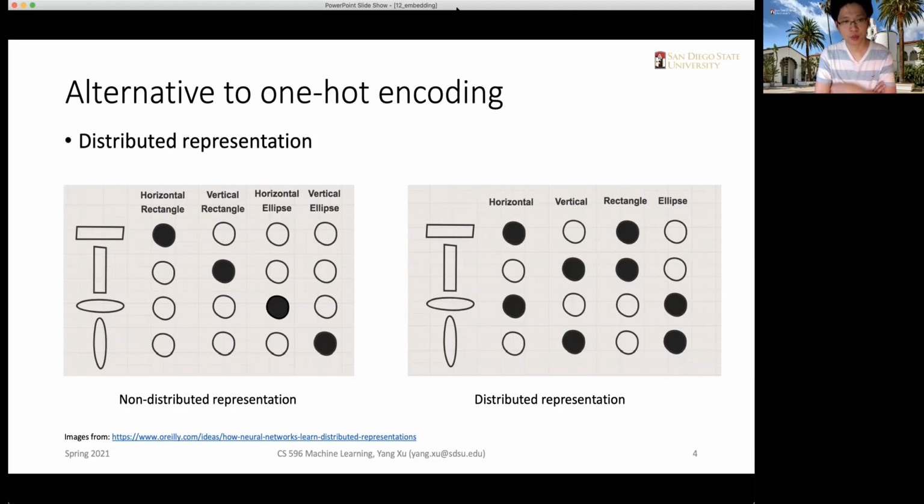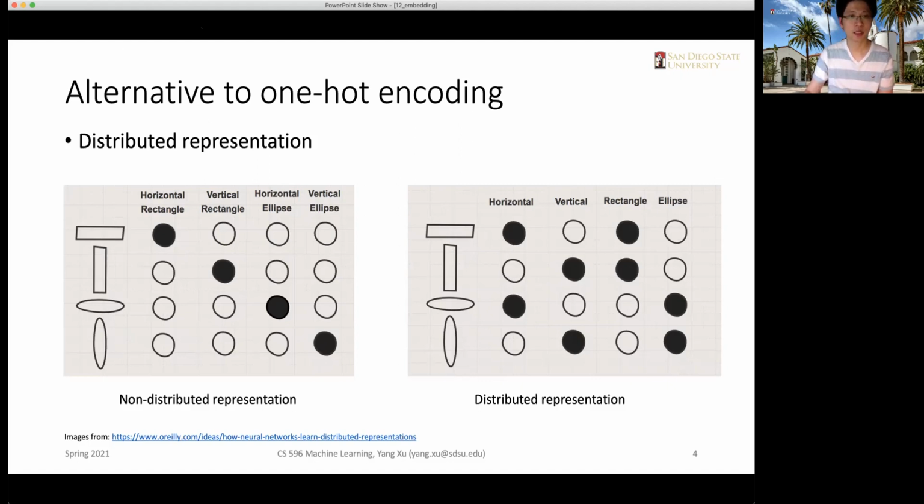We represent each object with some abstract features, not with one-hot vectors.